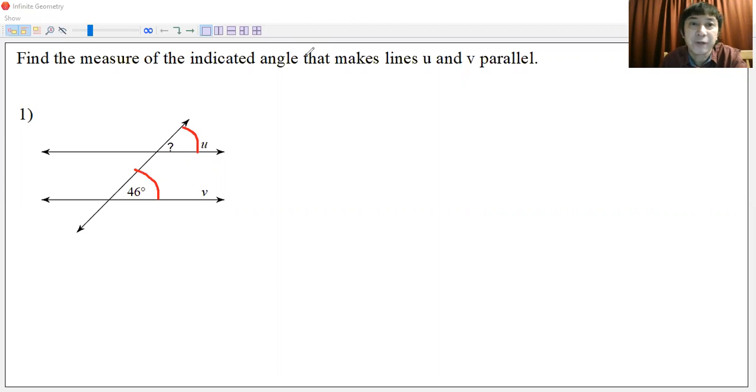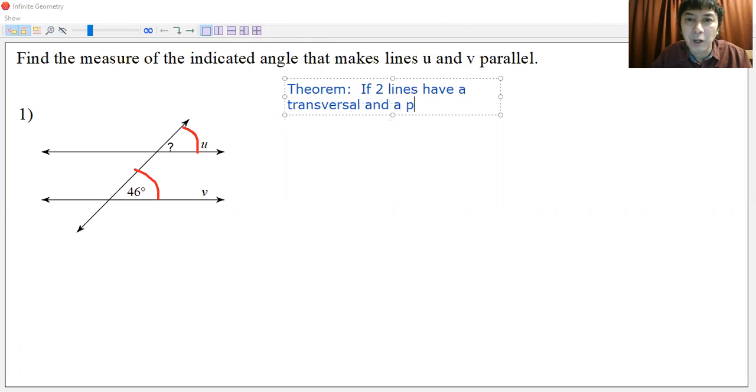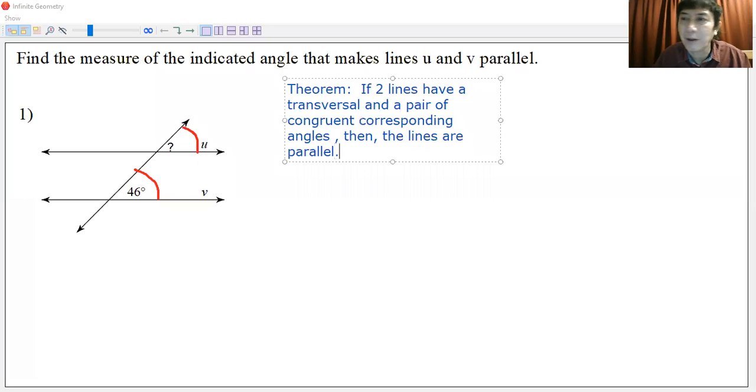We have a theorem for this, so we shall type the theorem. Here's the theorem: if two lines have a transversal and a pair of congruent corresponding angles, then the lines are parallel.